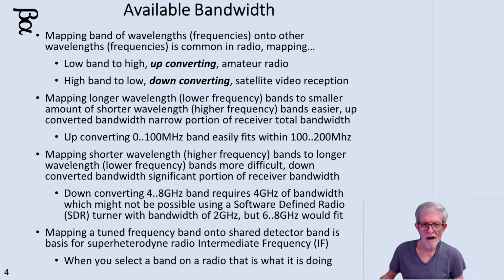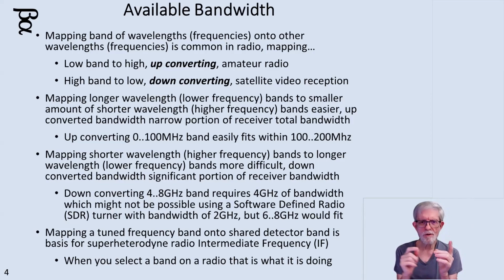And when you tune a radio, all the radios, at least as of, I guess, the late 1950s, are superheterodyne radios, and they all receive at one particular frequency for one particular bandwidth.